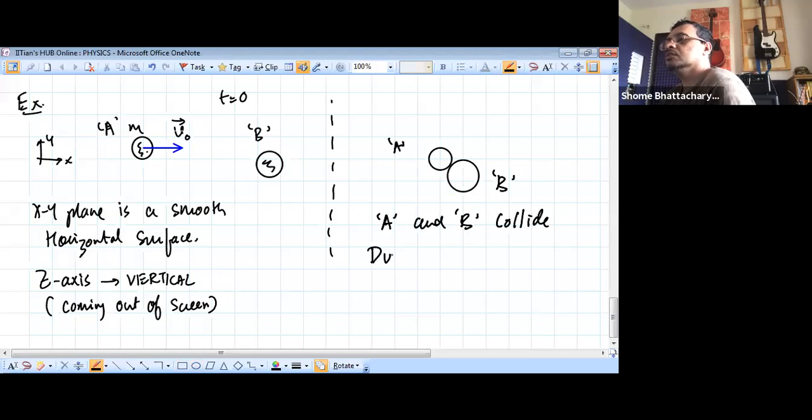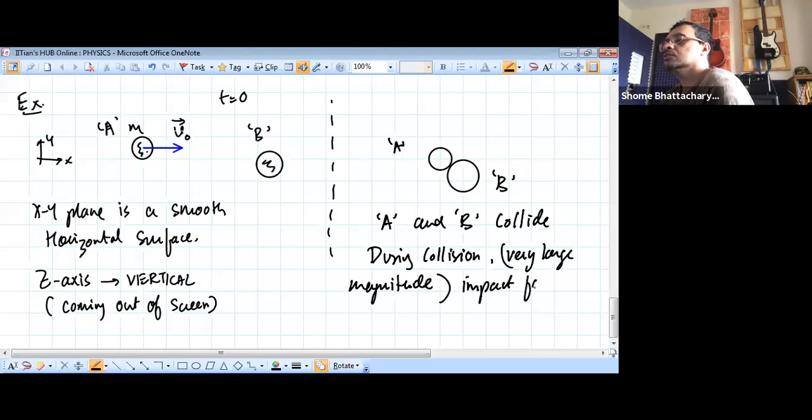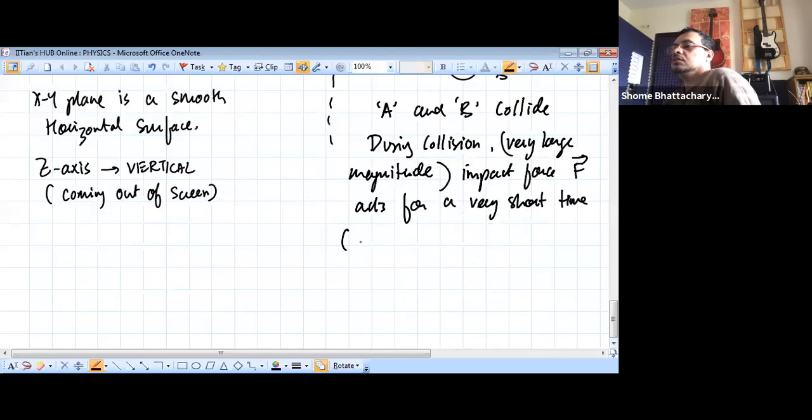Now during the collision, a very large magnitude impact force or collision force, let's say F, acts for a very short time, which you can think of as the contact time.